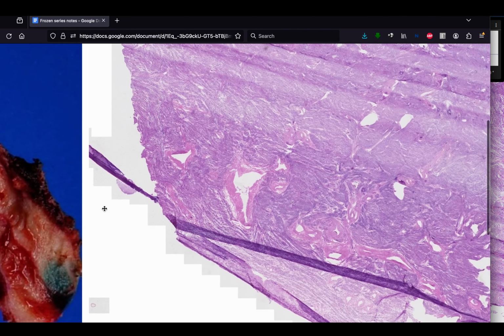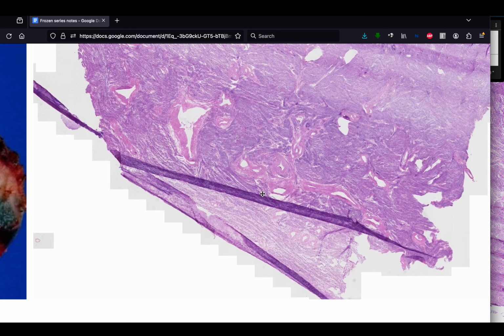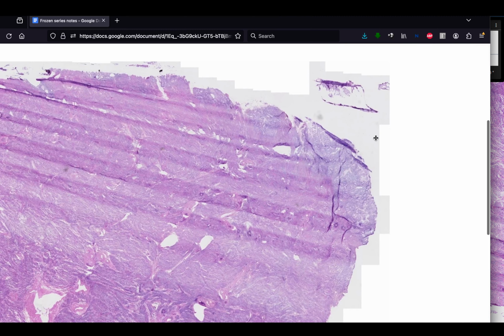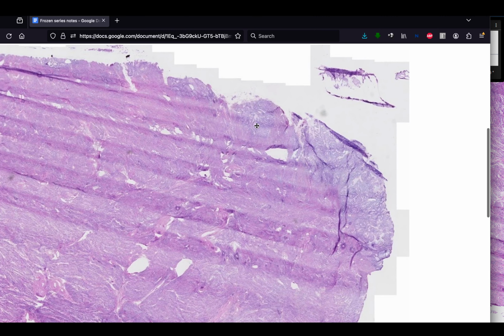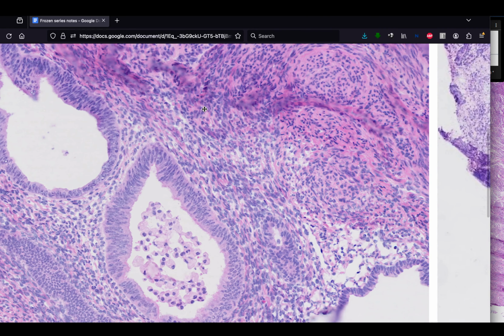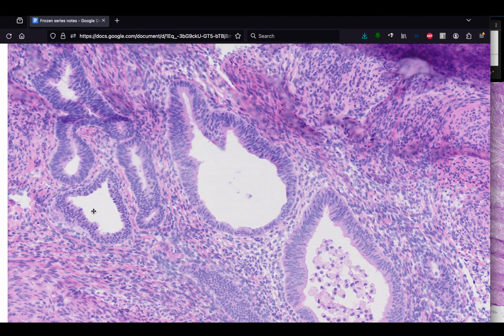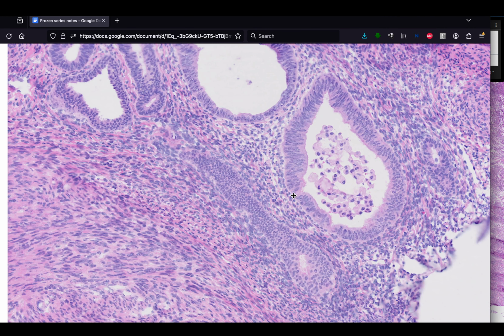And from low power, this is what we got, and our area of interest was right over here. And this is the area of the specimen that we looked at that had more, I think this is benign glands. They look kind of atypical to me.